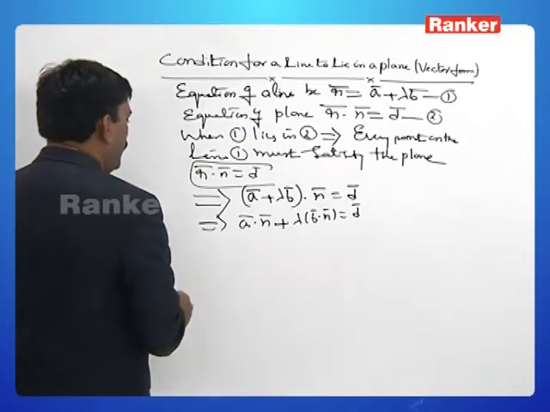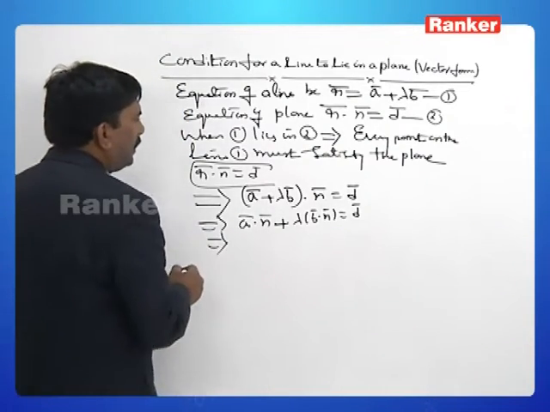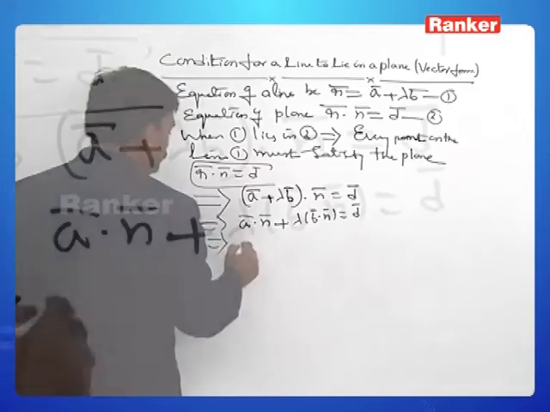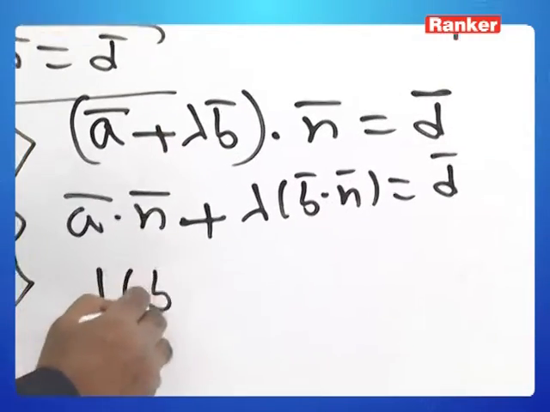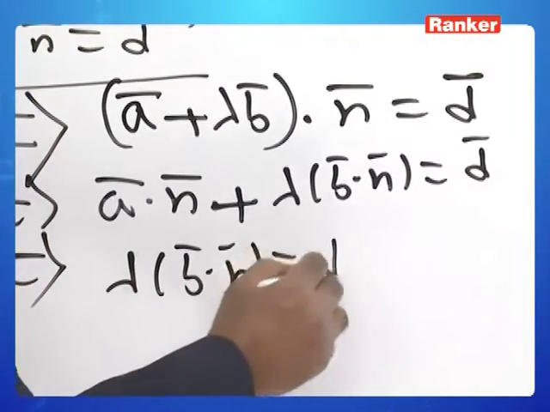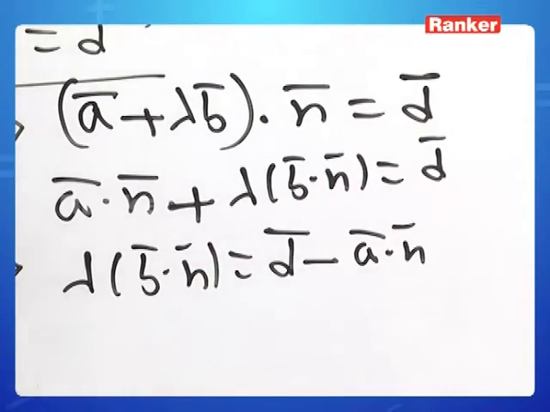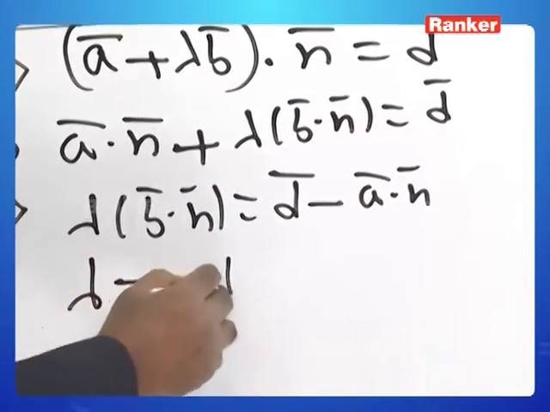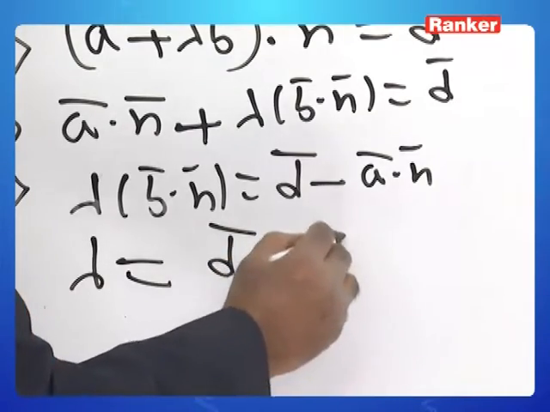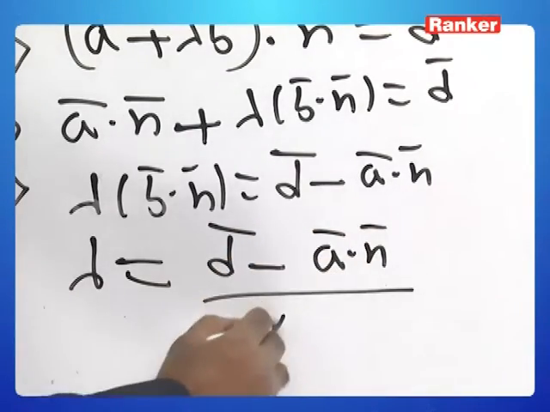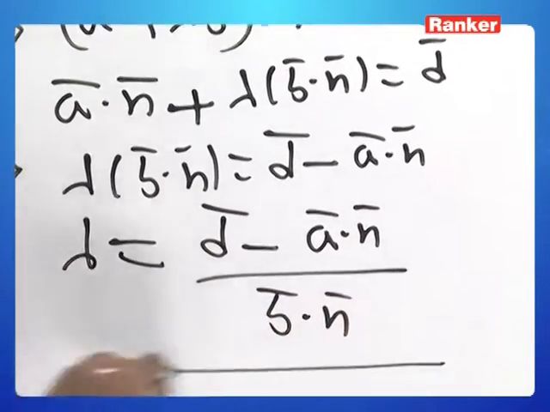So therefore, lambda into b bar dot n bar is equal to d minus a bar dot n bar. Therefore, lambda is equal to d minus a bar dot n bar by b bar dot n bar.